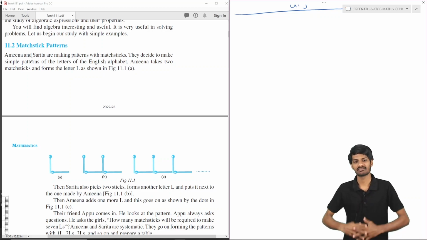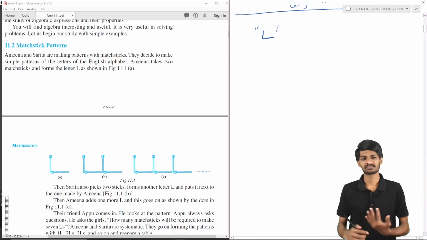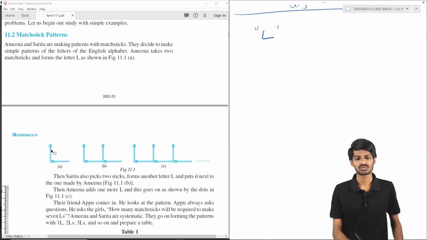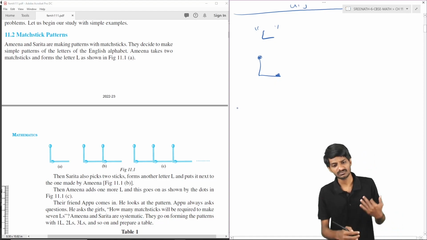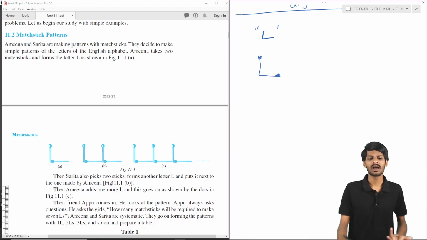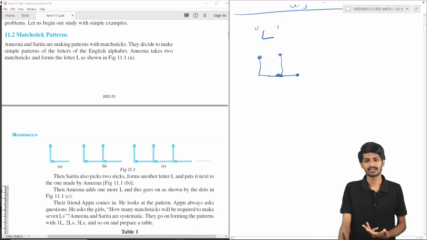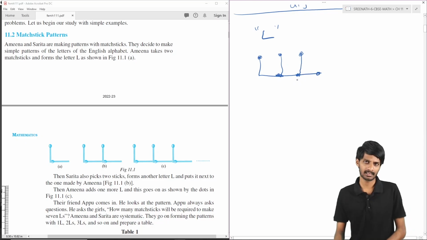They discussed and finalized to draw the letter L. They took two matchsticks and placed one vertical and one horizontal. Next, Amina took another two matchsticks and put them by the side of Sarita's matchsticks. Again Sarita came and took another two matchsticks and drew another letter L.